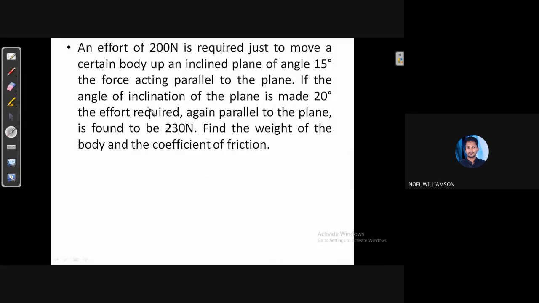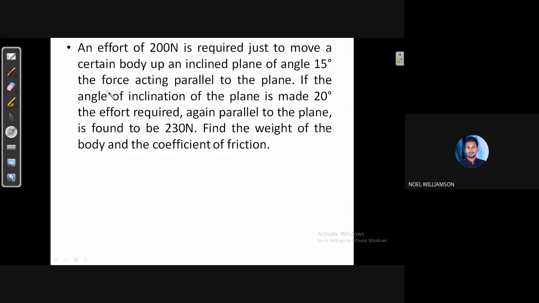There a body is kept whose weight is not given, but an applied force of 200 Newton is given to the body just to move. So when this particular body is given the force of 200 Newton, it just moves. That means that is the condition for equilibrium. This is the first case.